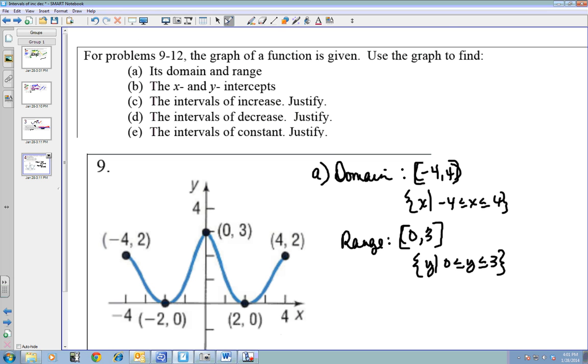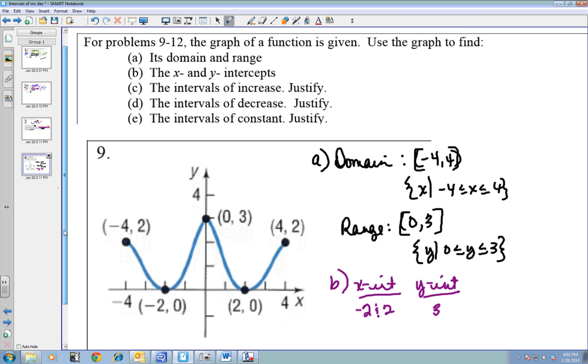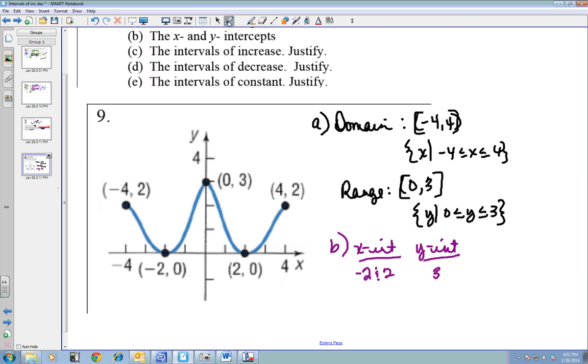Okay, part B. My x-intercepts, -2 and 2. My y-intercepts, it crosses my y-axis at 3. Okay, part C, intervals of increasing. So this is increasing from here to here and from here to here.